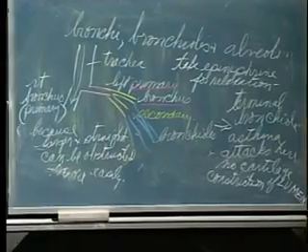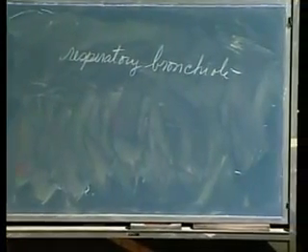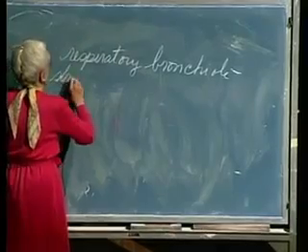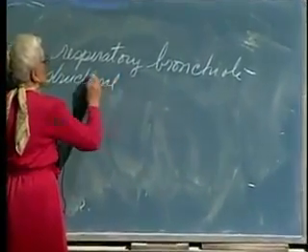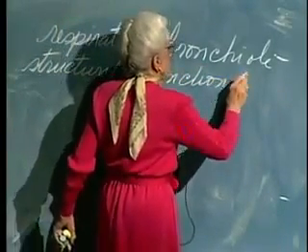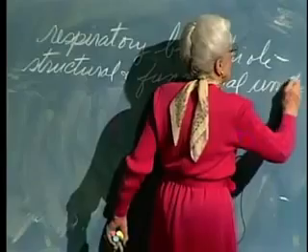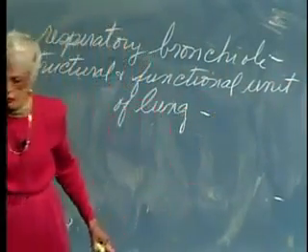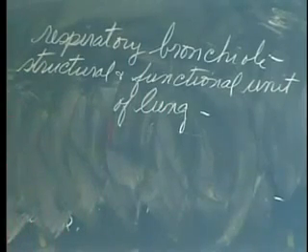The respiratory bronchiole is the structural and functional unit of the lung. What's the structural and functional unit of compact bone? Haversian system. What's the structural and functional unit of skeletal muscle? Sarcomere. Good. Always review, review.